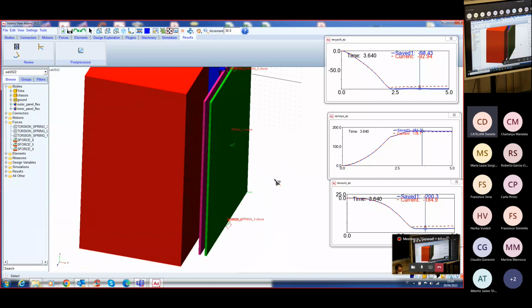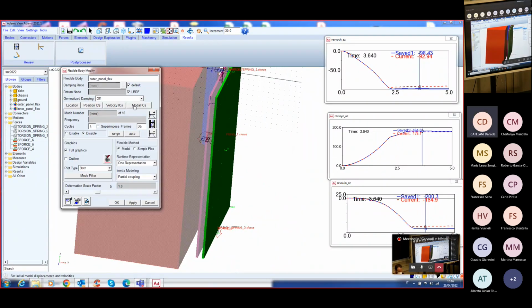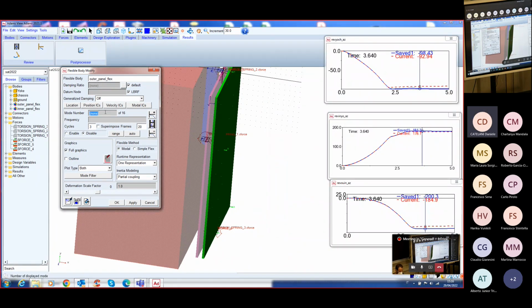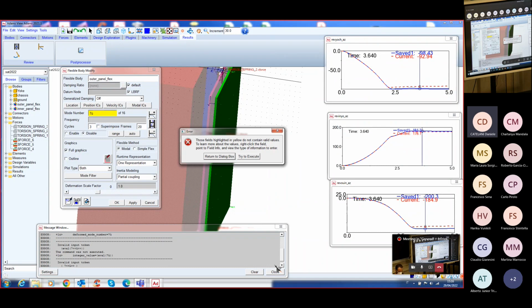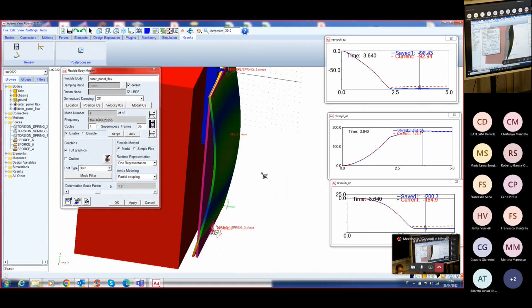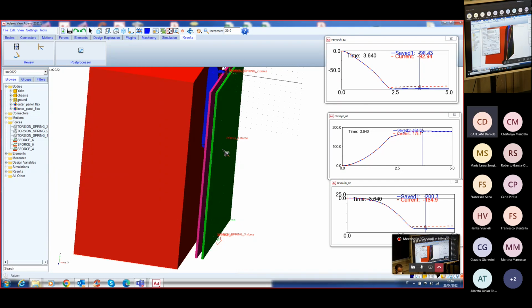And also on this second flexible body, you can appreciate the model content and the model representation. First bending mode, first torsion mode, etc.